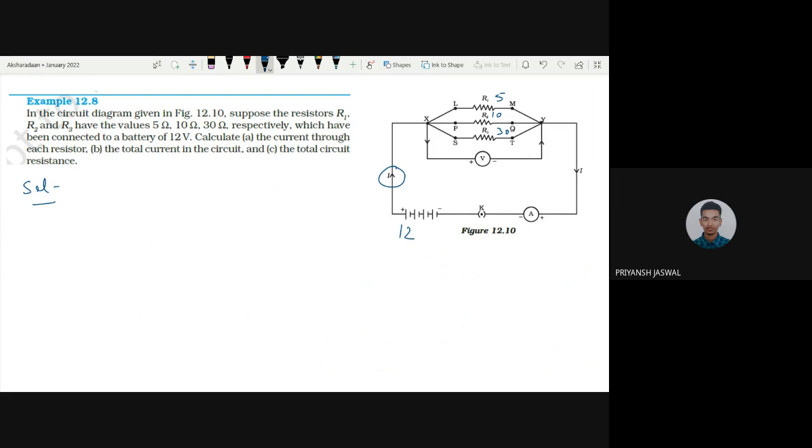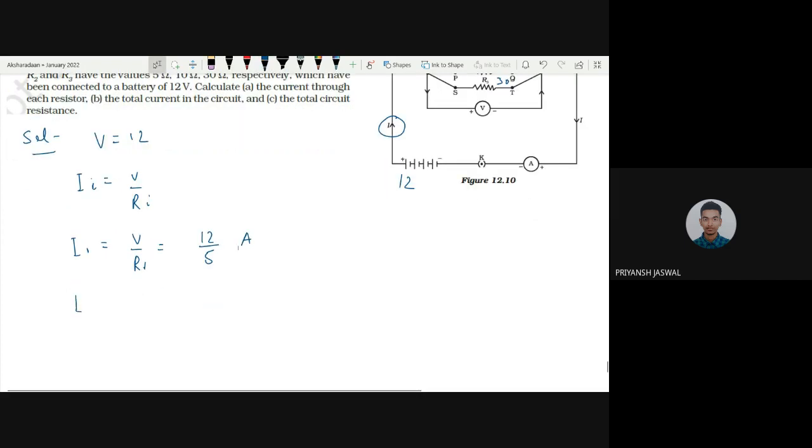Given voltage is 12 volt, so current through each resistor will simply be I is equal to V by Ri. So current through R1, say I1, is equal to V by R1. So it will be simply 12 by 5, 2.4 ampere.